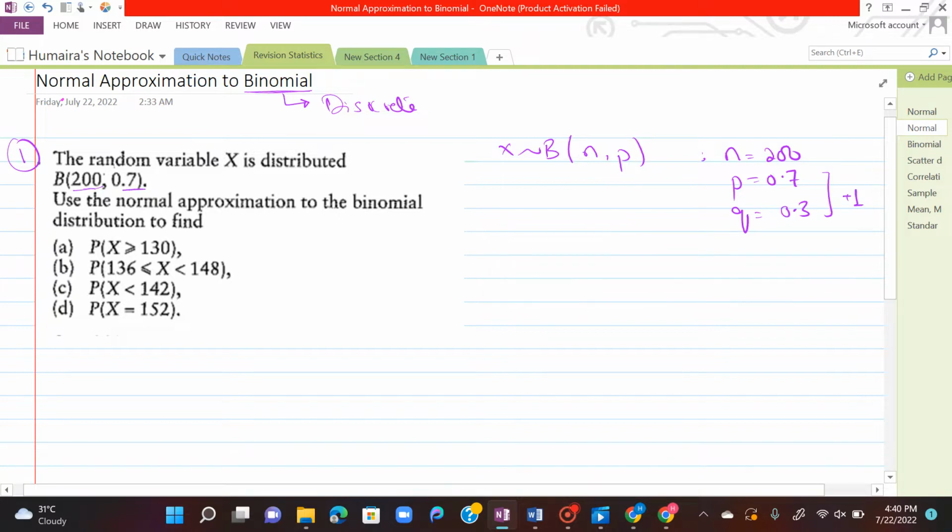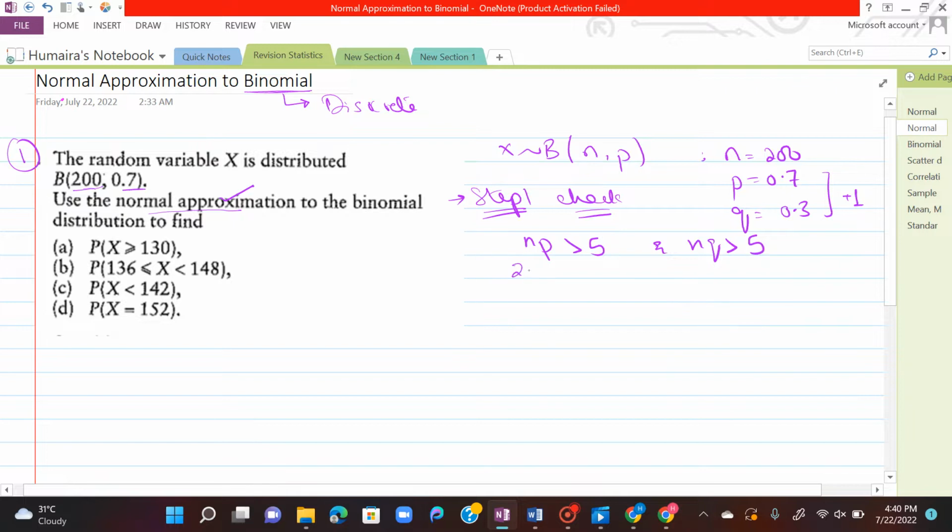Now since it's written in the question, use normal approximation, fine, we can use it. Otherwise the first step we take is always the check, right? We check, can I use this approximation or not? And what is the method to check it? np should be greater than 5 and nq should be greater than 5.